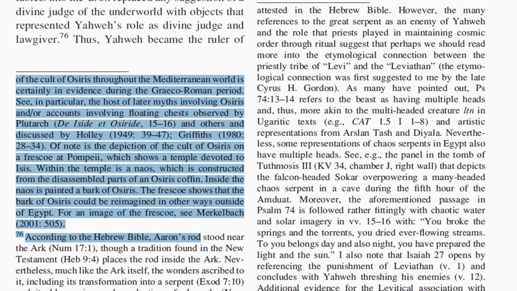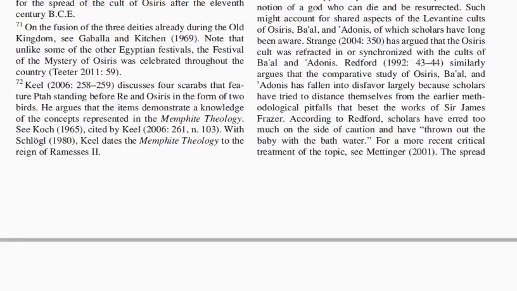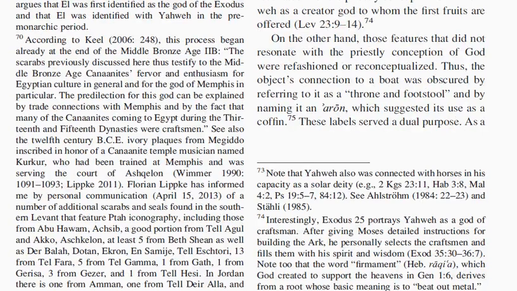Within the temple is a naos, which is constructed from the disassembled parts of an Osiris coffin. Inside the naos is painted a bark of Osiris. The fresco shows that the bark of Osiris could be reimagined in other ways outside of Egypt. For an image of the fresco, see Mergelbach 2001, page 505. End of footnote.